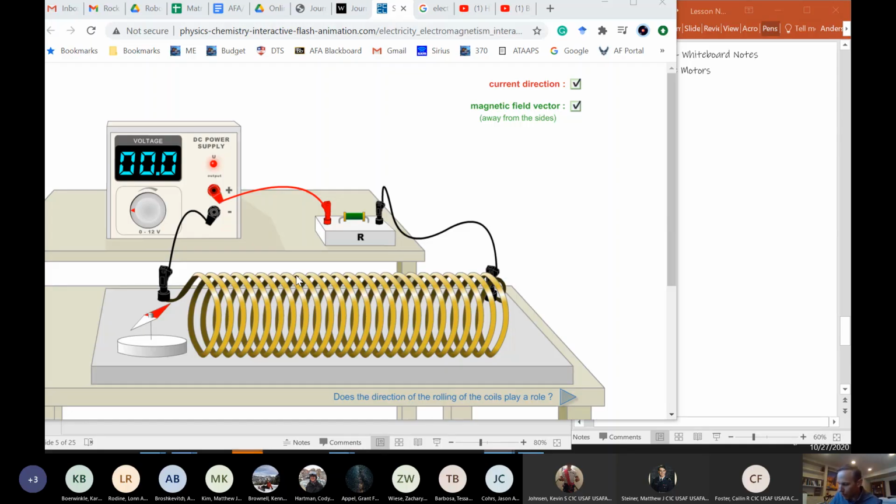If I turn up the voltage, we see this green arrow indicating the magnetic field moving out to the left. If there's something inside that coil of wire, and it's a ferrous material, so it's magnetic, it'll be shot out of that coil. And that's how a solenoid works.